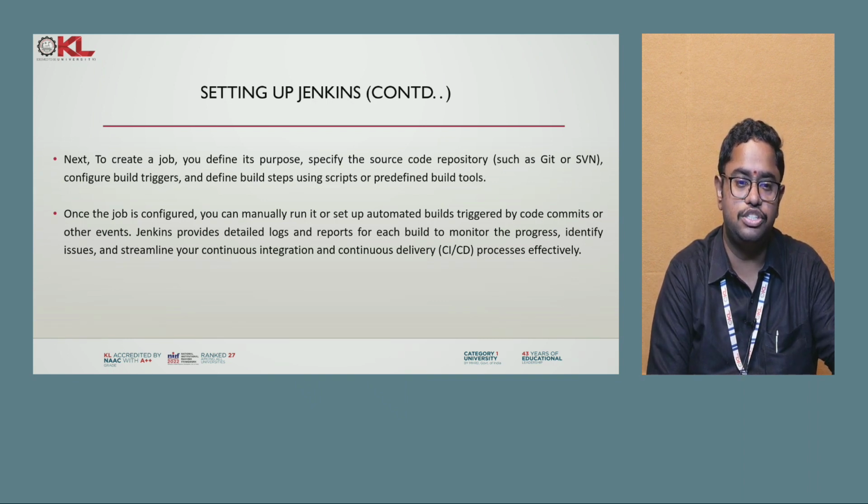So once after the job has been successfully configured, we have to run the triggered code or commands for which we can perform the integration as well as the deployment part.